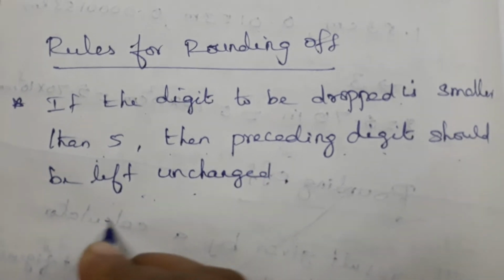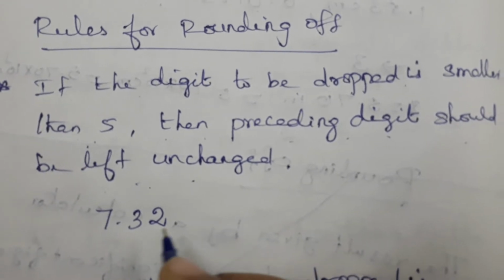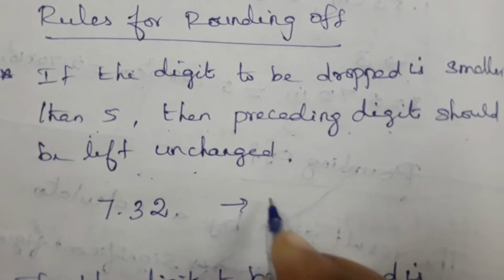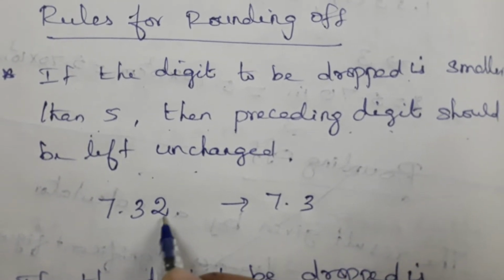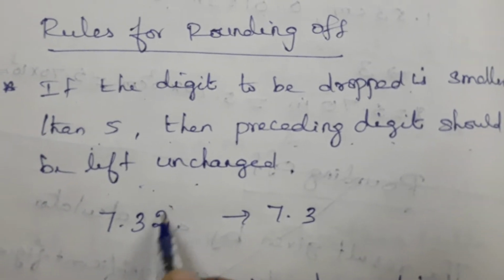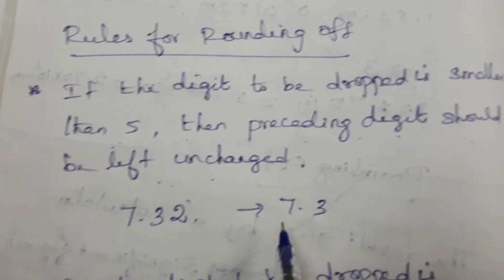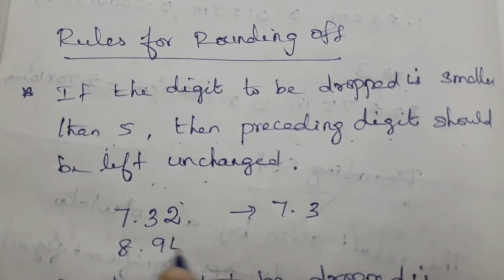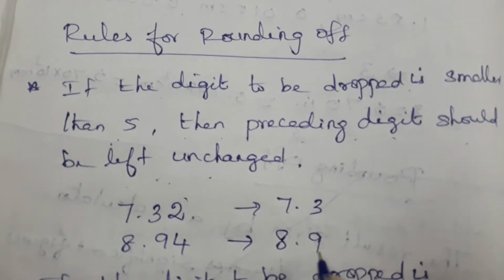For example, 7.32 is rounded off to 7.3. So the digit to be dropped is less than 5, so the preceding digit is left unchanged. As it is, we have to write. So 7.3. Similarly, 8.94 is rounded off to 8.9.